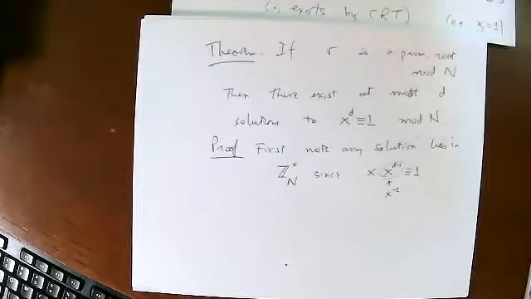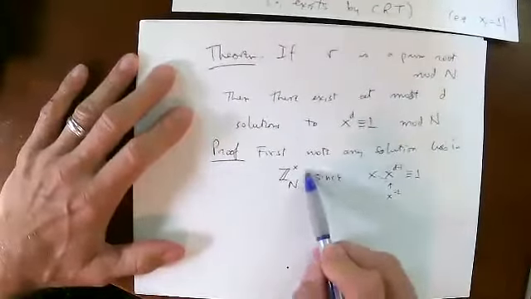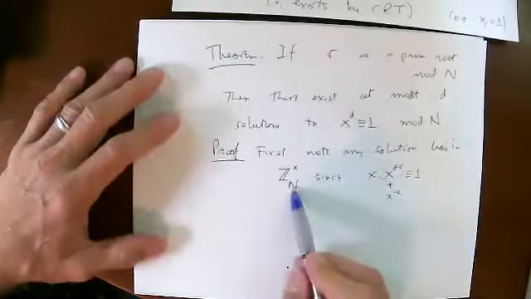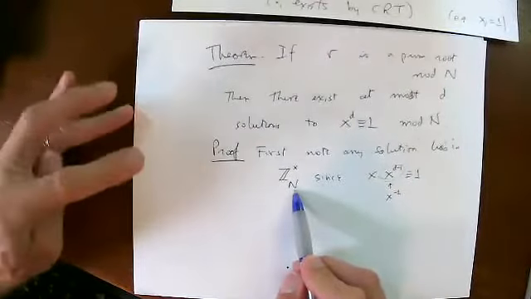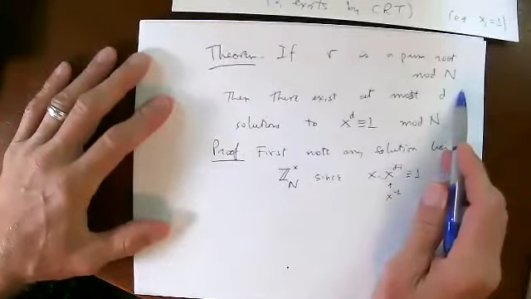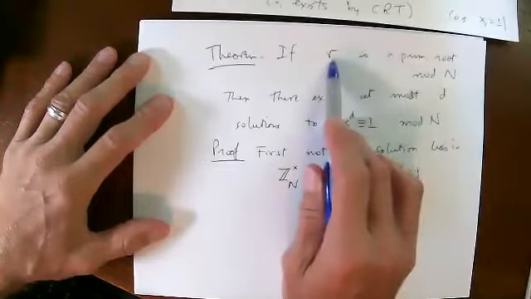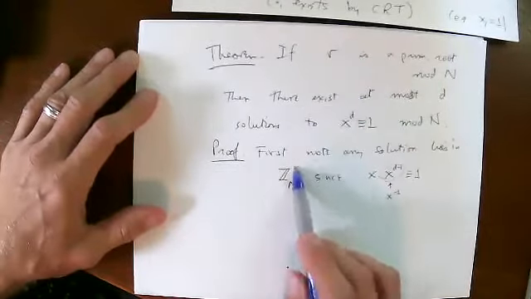Well, okay, so you're looking for solutions to this problem, and now you've just decided that they lie inside this subset, Z mod n cross. Well, if R is a primitive root mod n, then the powers of R are all going to be also in Z mod n cross.